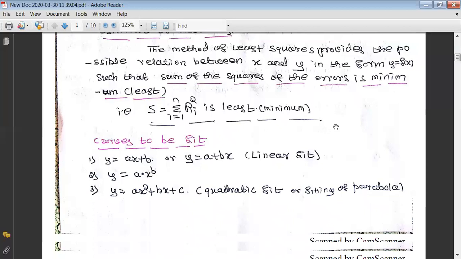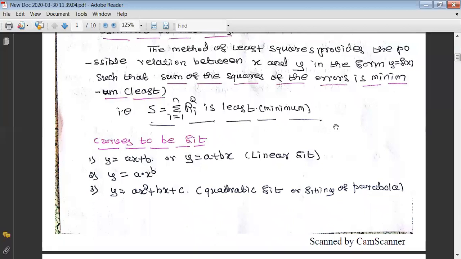For our syllabus, we are supposed to go for fitting of three types of curves. One is called linear fit, or fitting of a straight line, where the equation of the straight line might be y equal to ax plus b or y equal to a plus bx. The second one is a geometric curve, that is y equal to a into x raised to b.